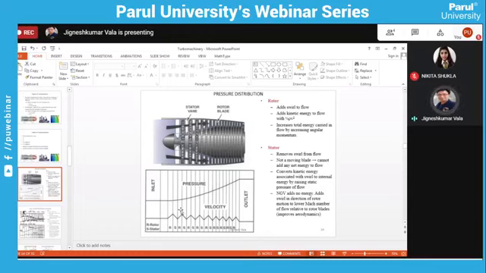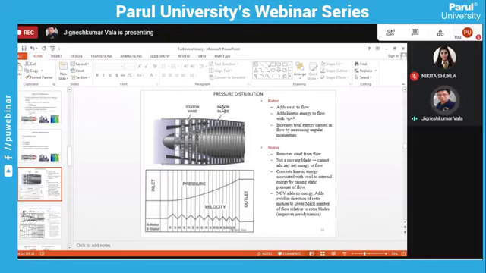rotor and stator. The main working principle of the rotor, as I told you, is to add energy to the flow, to add kinetic energy to the flow with half rho v squared. We have to increase the total energy carried in the flow by increasing the angular momentum.